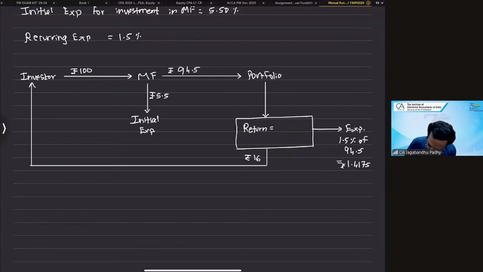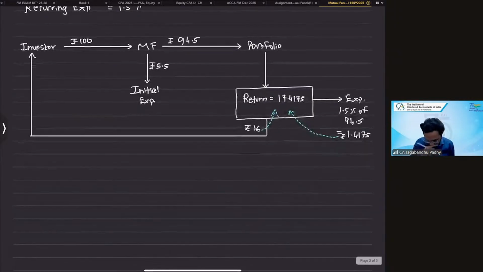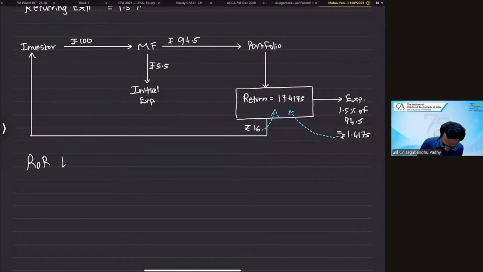So now the obligation on the mutual fund is to earn this 16 rupees and also this 1.4175. So how much should the mutual fund earn in total? 16 plus 1.4175 is 17.4175.